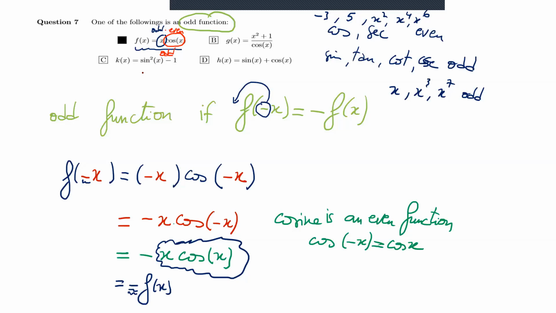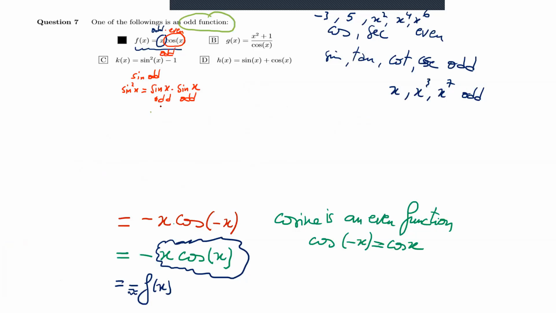In this example, sine is odd, but sine squared is the product of sine times sine. So odd times odd gives even.